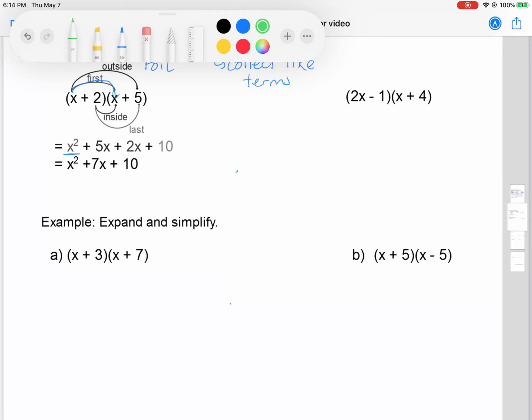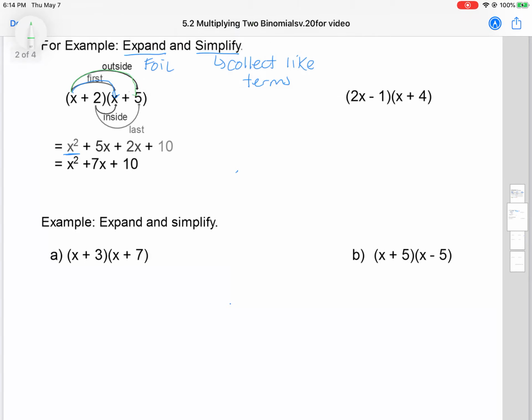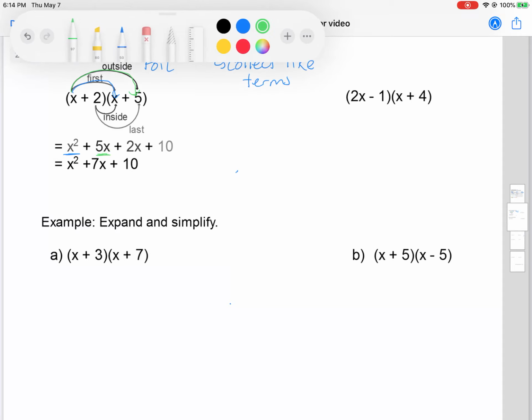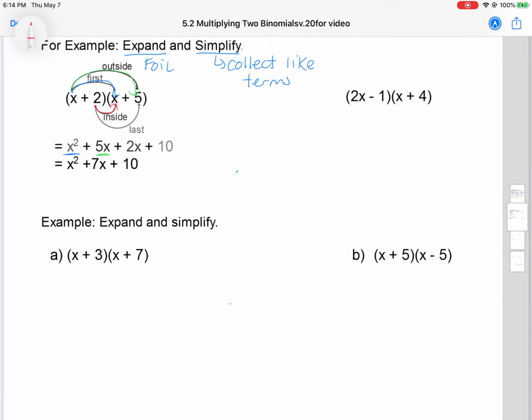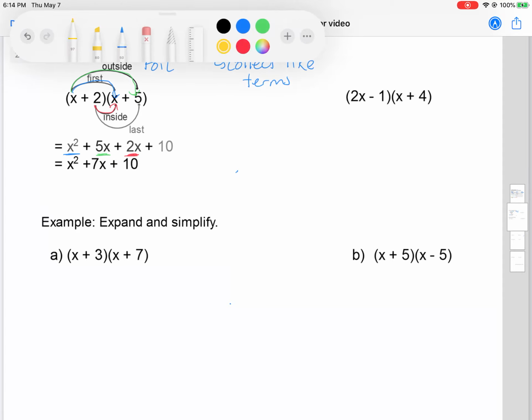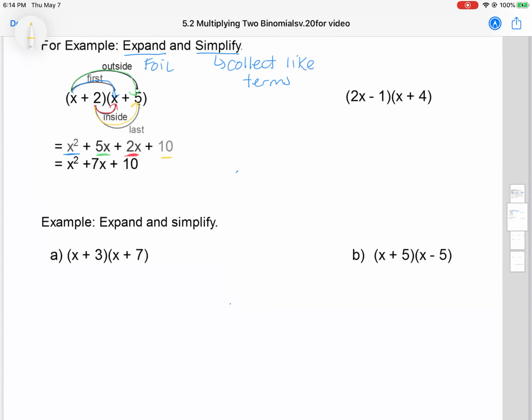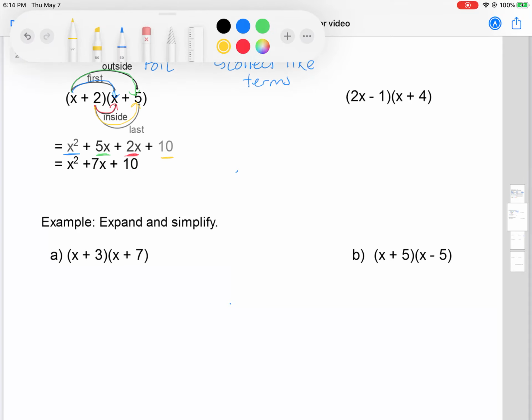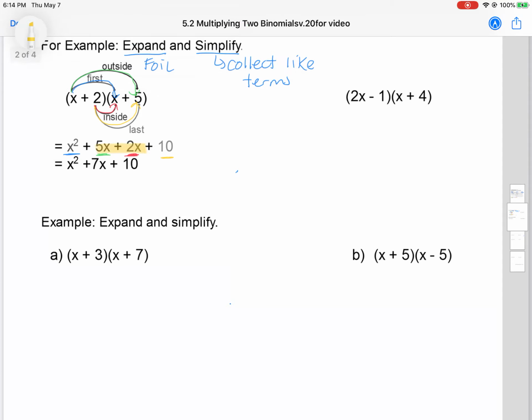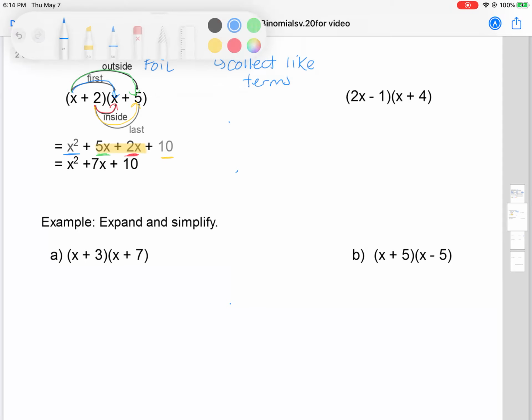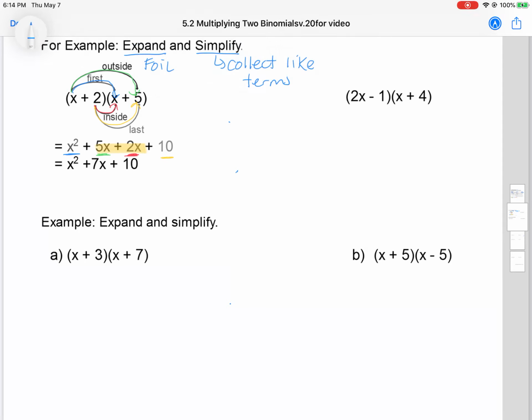Then x times 5, so outside, 5x, and then inside 2 times x, and then last 5 times 2, which is 10. So now we've got these two terms in the middle, which have to be collected. So there's only one x squared term, but then there's 5x and 2x, which means 7x when you add them together. And then the 10, there is no other number.